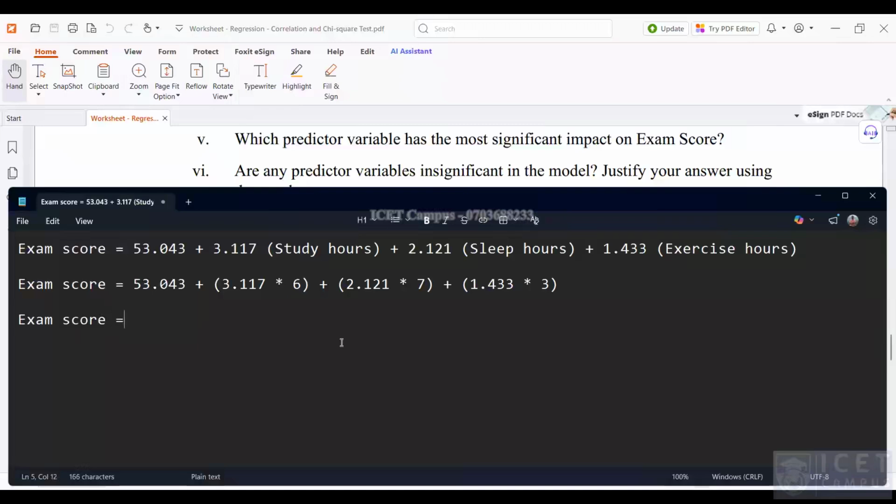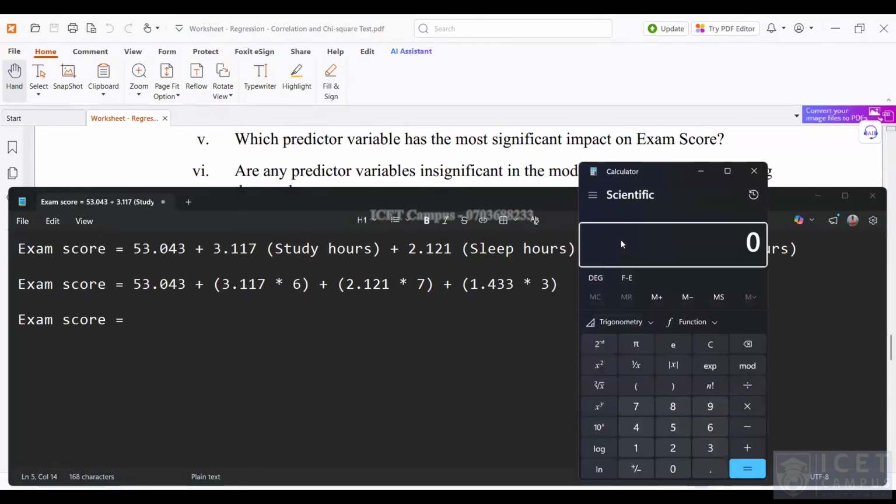Then we have to use the calculator. Exam score equals 53.043 plus 3.117 multiplied by 6 plus 2.1121 multiplied by 7 plus 1.433 multiplied by 3.